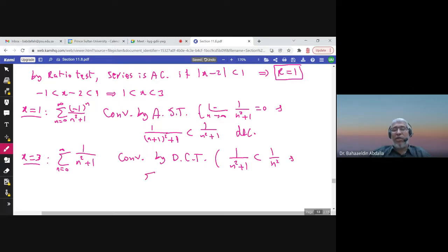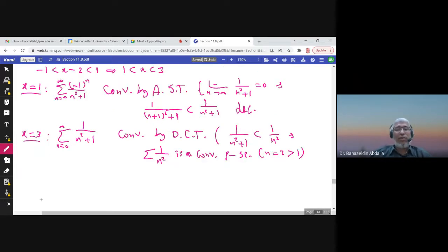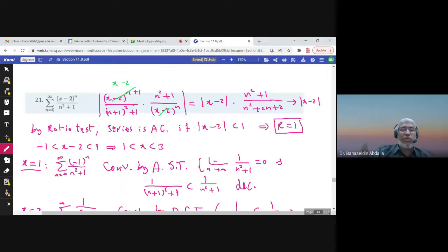And summation 1 over n squared is a convergent p-series, because p is 2 and it's greater than 1. So it is convergent in both cases, at both numbers. So the interval of convergence would be 1 and 3, closed.